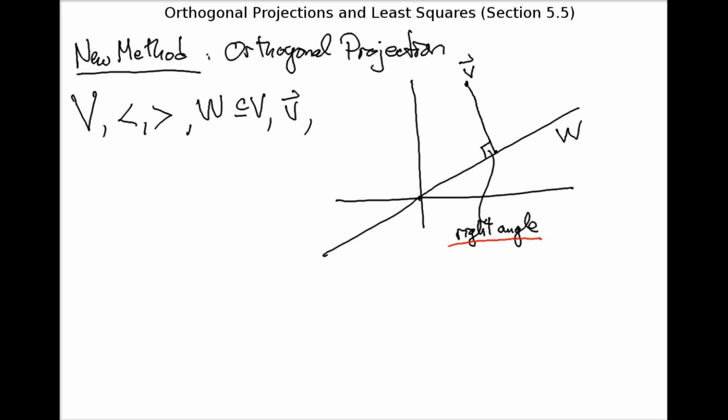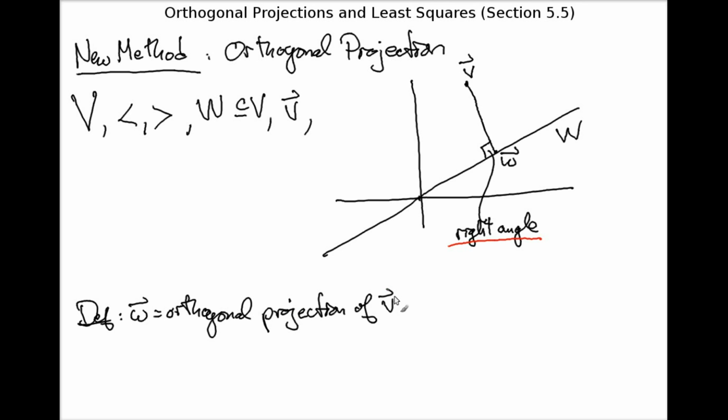And the orthogonal projection is this vector W. So let's write down the definition. W, the orthogonal projection of V on the subspace W is the following vector. This is V and this is W, so this is V minus W. And the condition is that V minus W is supposed to be orthogonal to the subspace.